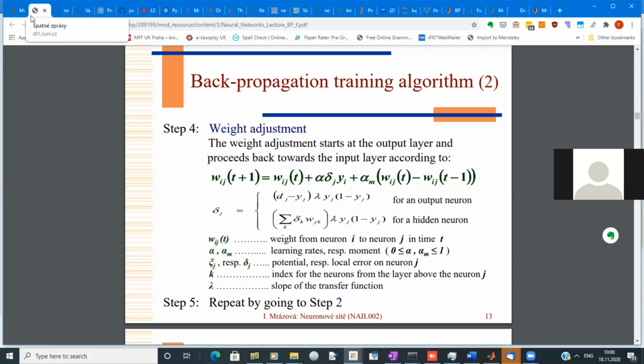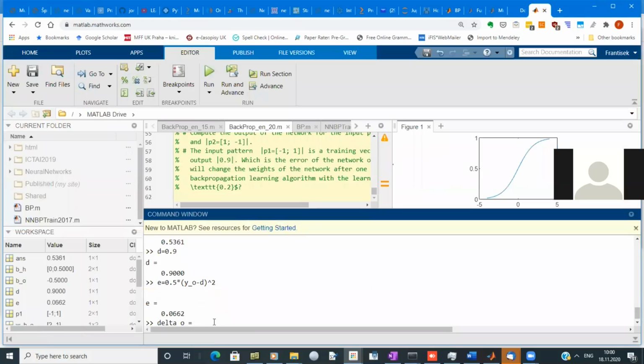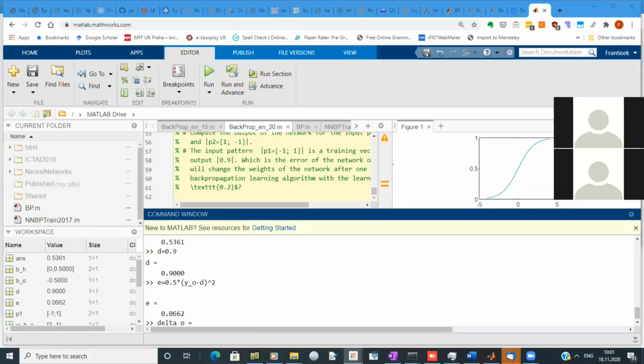Maybe colleague Genchi, can you show us or say how to compute delta O? I posted it in the chat. Yes, so I will copy it from the chat.